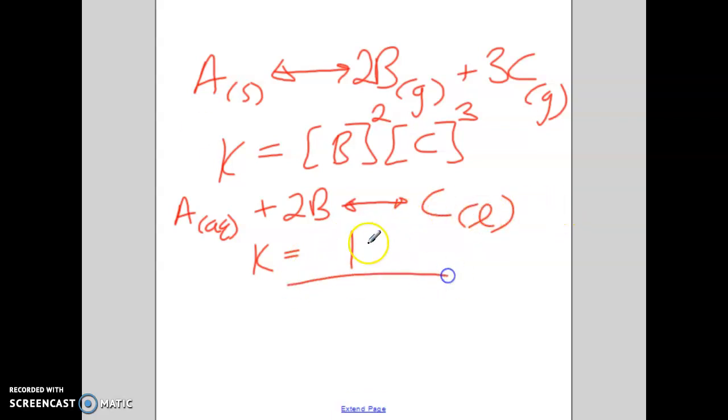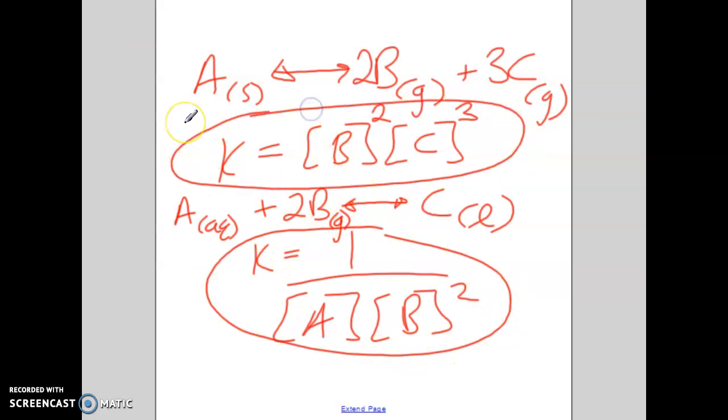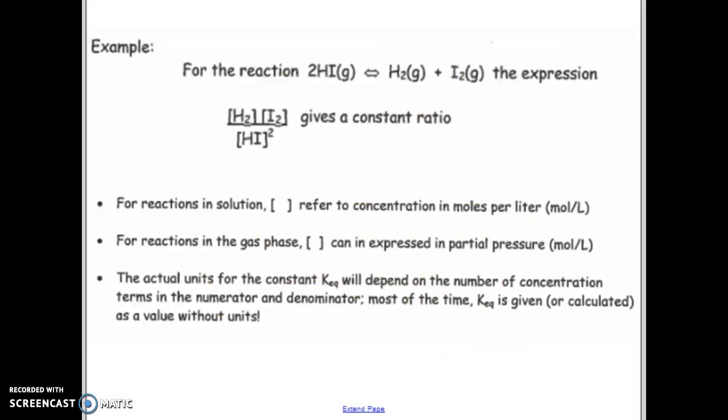So it would be 1 over, and let's make that a gas, 1 over A times B squared. So the K expression setup only involves gases and aqueous substances. Even if you have one side of the reaction that has nothing to write in, it's like you're putting in the number 1.